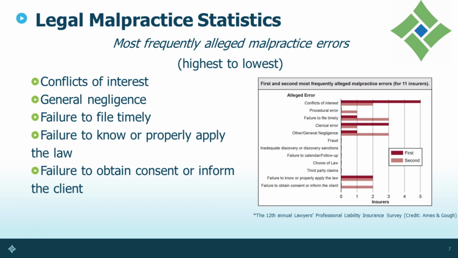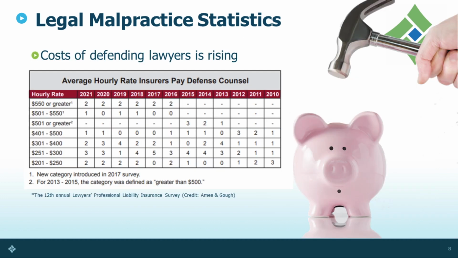Reportedly, firms just don't have competent conflict safeguards in place, so conflicts are still a problem. And look what else is here: general negligence, failure to file timely. These are preventable, but others can be the result of just bad luck. So again, as I suggested earlier, knowing the type of risks you're facing may help you to avoid them in your practice. Next, Matt, you're going to cover our last slide where we dig into some numbers.